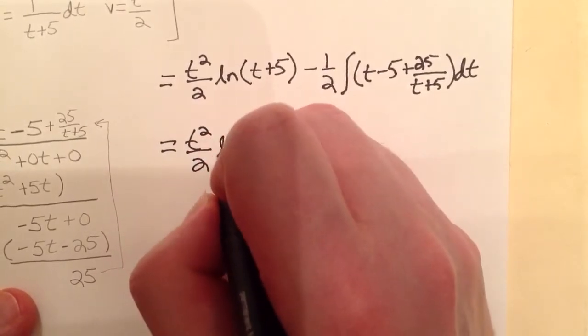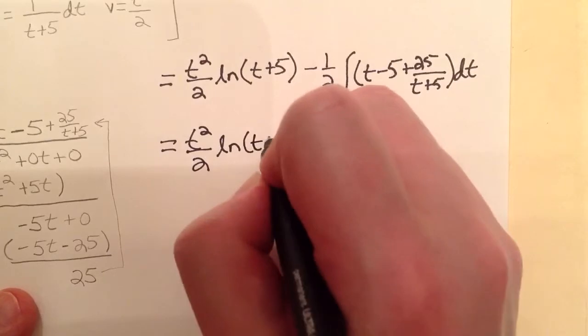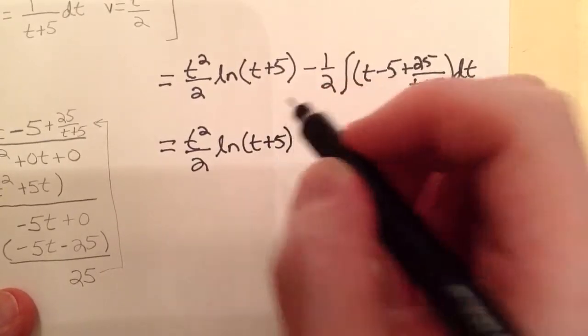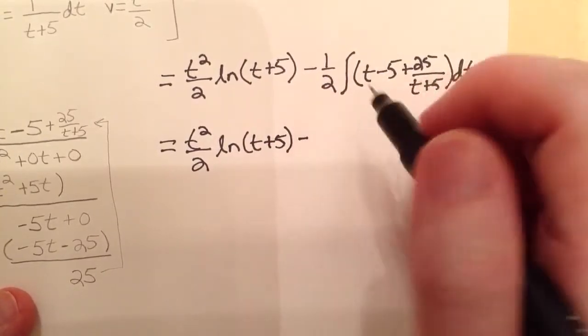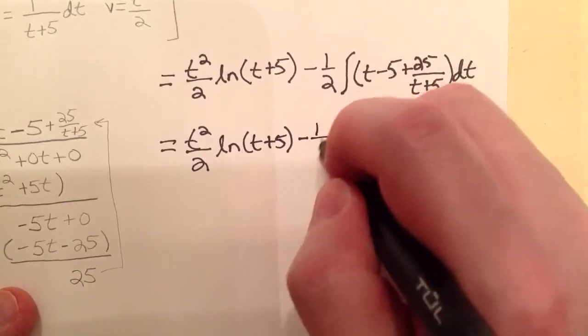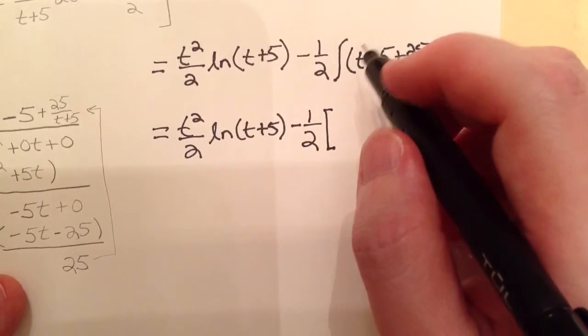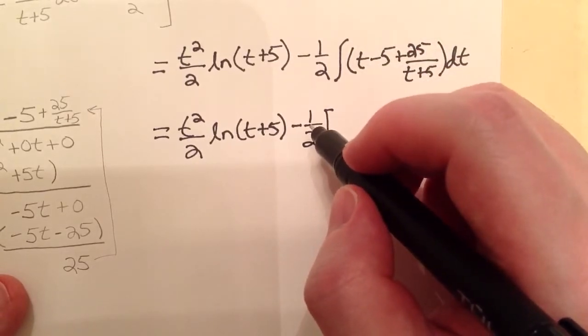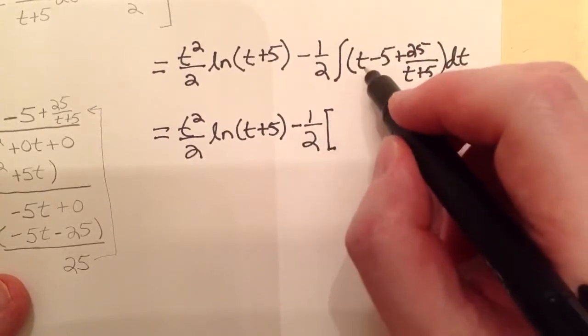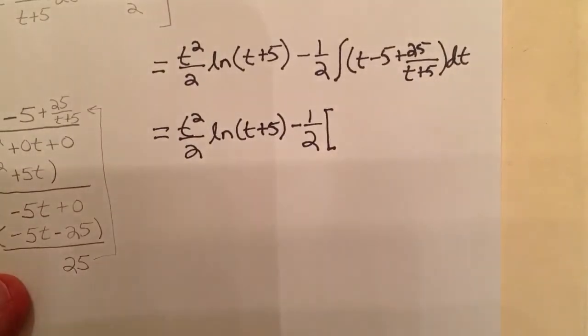And so for what we are going to arrive at in the next intermediate stage, we still have the first antiderivative recorded, and then we have minus 1/2, and then the set of antiderivatives that will follow, which we will arrive at after we distribute negative 1/2 over the integral of t minus 5 plus 25 over t plus 5.